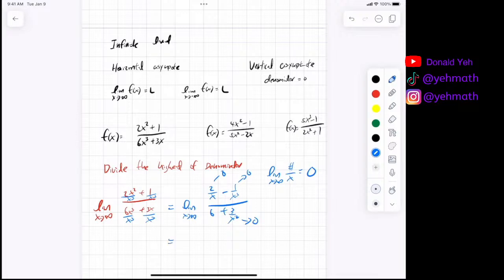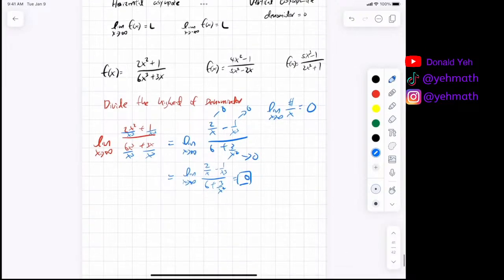So therefore, the first case is limit x approach infinity of 2 over x minus 1 over x cubed over 6 plus 3 over x cubed, which is all equal to 0. So therefore, your horizontal asymptote is at 0, as opposed to somewhere else. Jared, you understand?